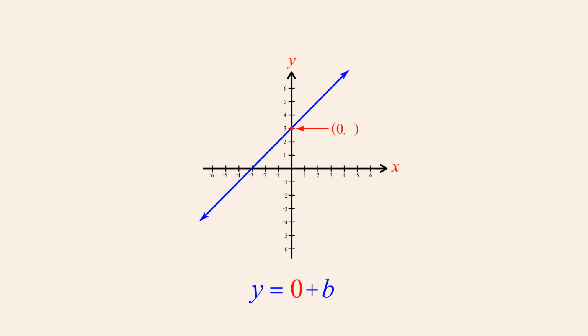So the first term goes away, leaving us with the equation y equals b. Therefore, when x is 0, y must equal b. This tells us that the graph of any equation of the form y equals mx plus b always has a y-intercept with the coordinates 0, b.